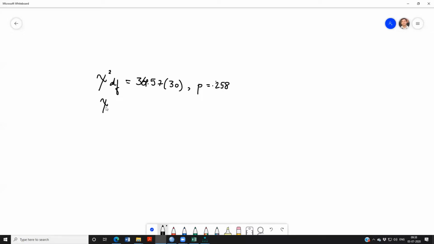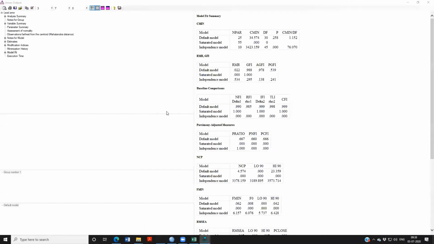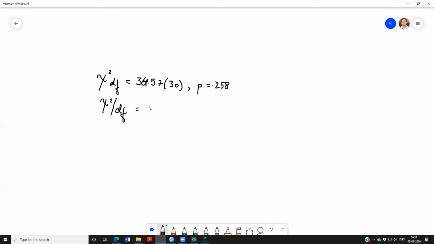Then the other fit index is chi-square by degrees of freedom, which in our case is 1.15.